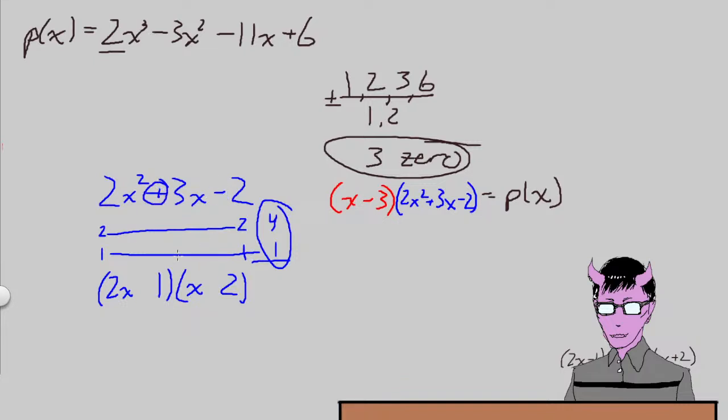The larger product is positive. So this is 4x, which is larger than 1x. So the larger magnitude needs to be positive, and then the smaller product needs to be minus. That's it. So that is the factored form for that quadratic. Let's write it out.